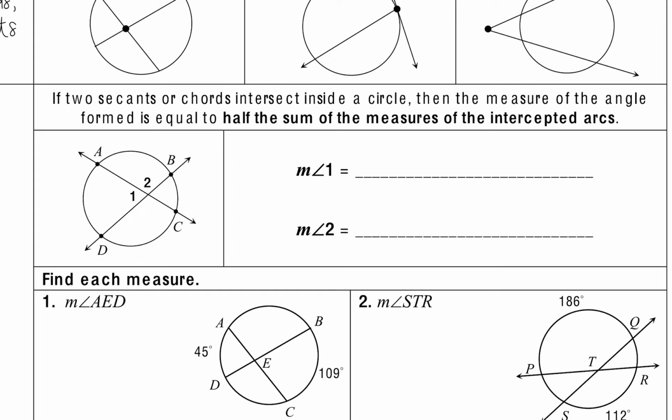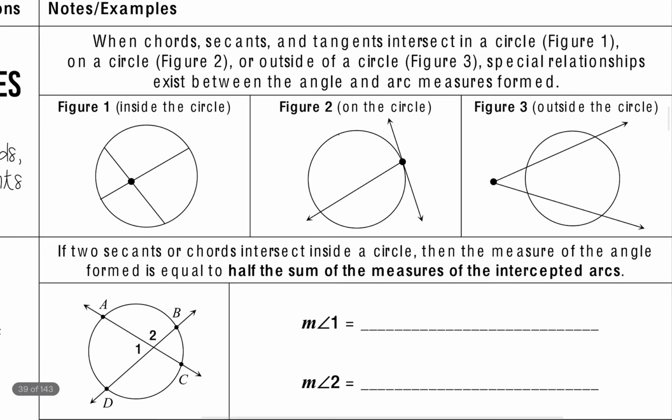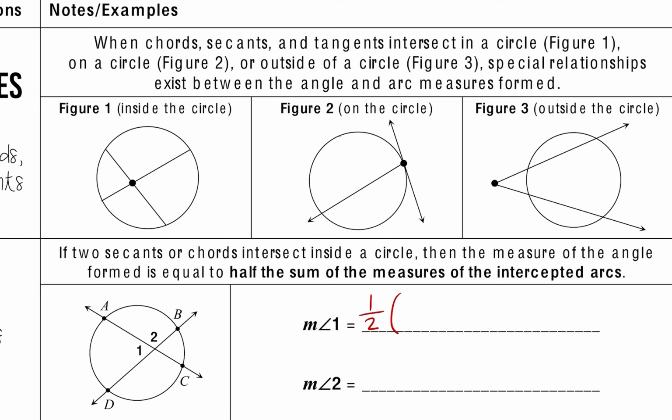First, we have figure 1 where the intersection happens inside of the circle. So in this case, we have two chords. Here's the relationship. In order to find the measurement of angle 1, this angle here, you need to take a half of the measurement of arc AD plus the measurement of arc BC.